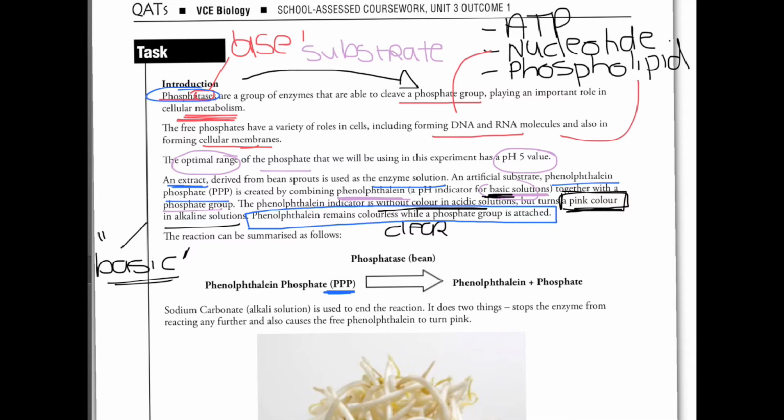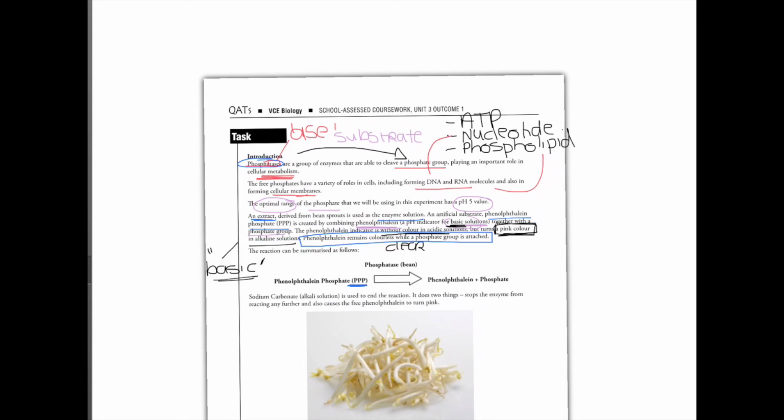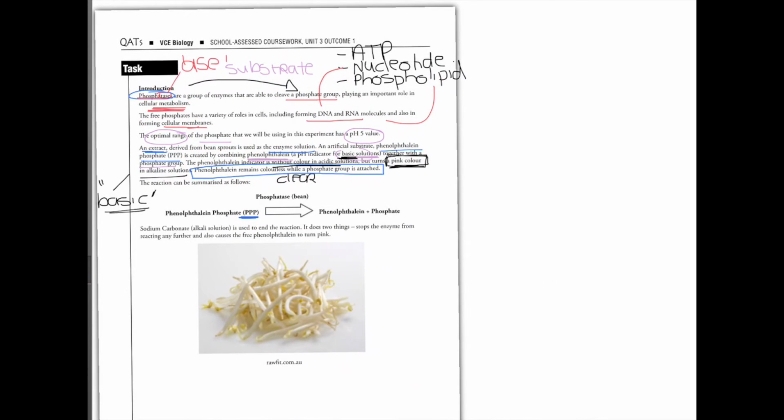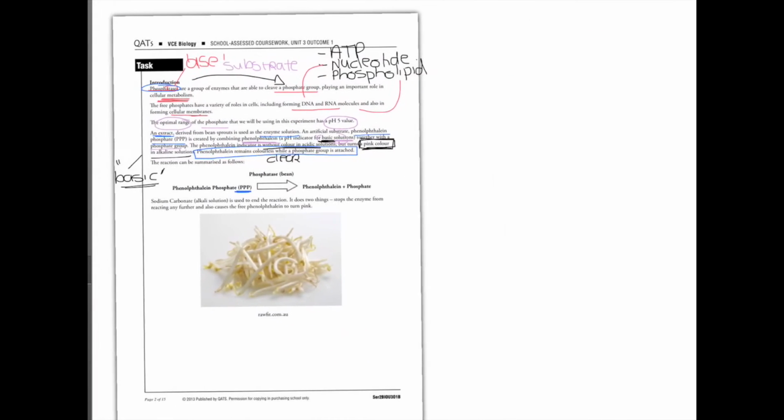So I feel like there were a lot of colours in there. We're talking about pH, we're talking about phosphates, we're talking about colours. So let's try and break that down a bit. I'm just going to move that over to the side.